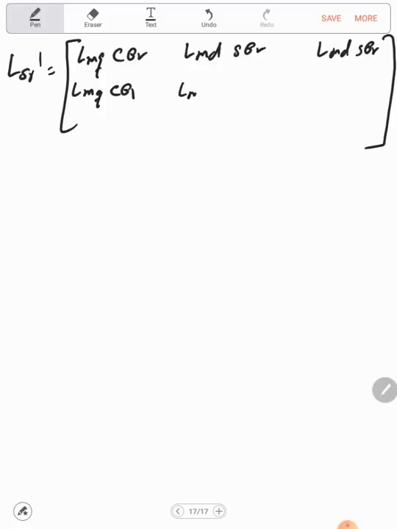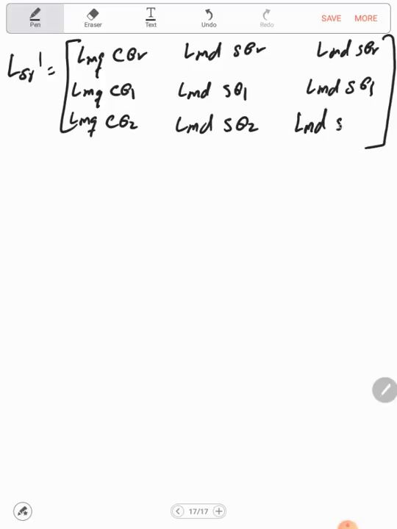This will be the LMD sine theta 1 and this will be the LMD sine theta 1. This will be the LMQ cosine theta 2. This will be the LMD sine theta 2, and remember theta 2 was defined to be theta R plus 2 pi over 3, and this will be the LMD sine theta 2.